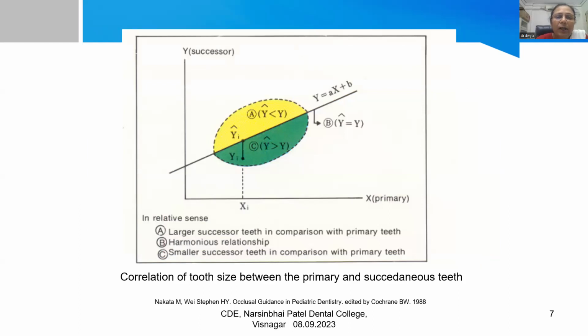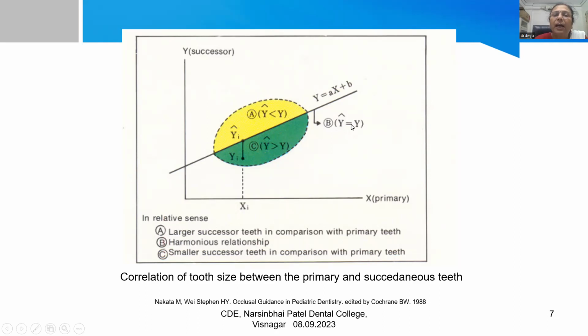So this is a correlation of size between the primary and permanent tooth. Apart from the environmental factors, there are some dental factors that you cannot change. This is the correlation between the primary and the permanent. Only some cases are there.